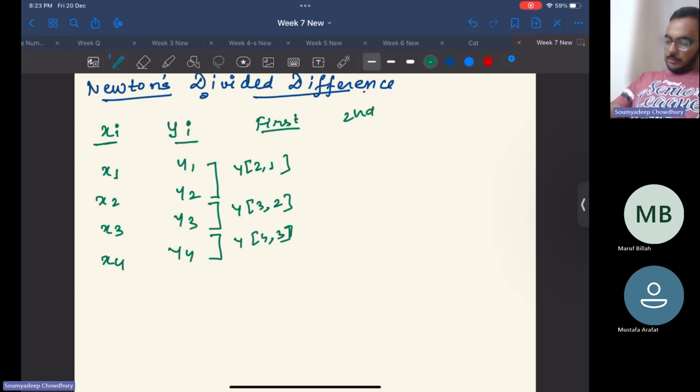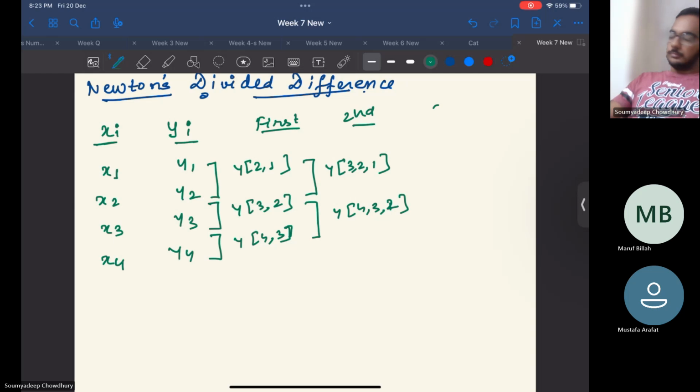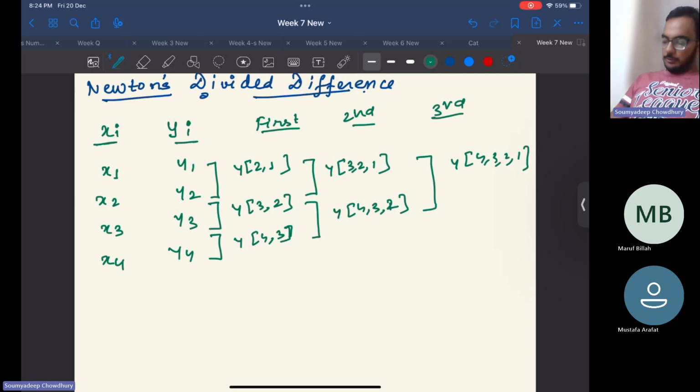Then you have the second order between these two and these two: y of 3,2,1 and y of 4,3,2. Third order you have this one, y of 4,3,2,1. So what are these? What is the formula?